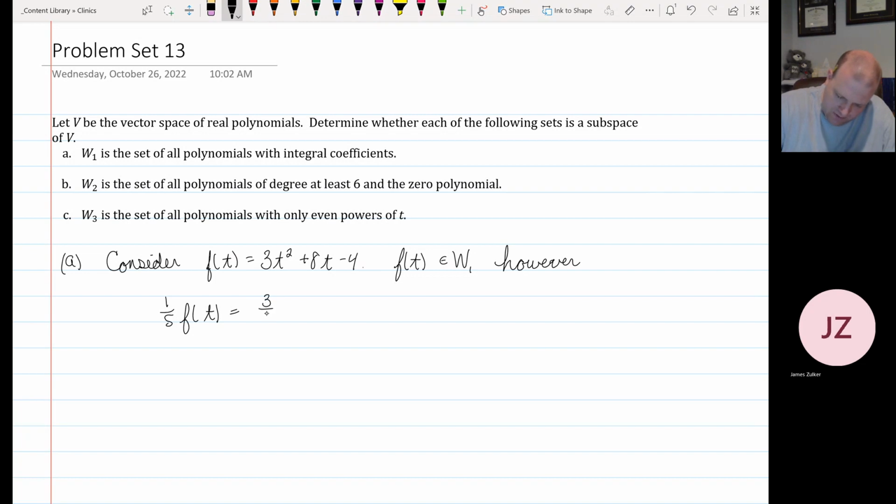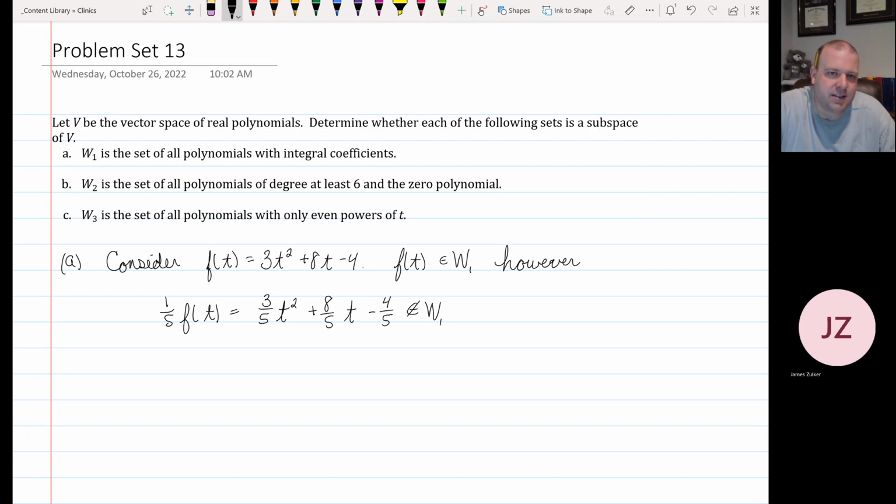This would be 3/5 t squared plus 8/5 t minus 4/5. This is not in W1, right? 3/5 is not an integer. 8/5 is not an integer.